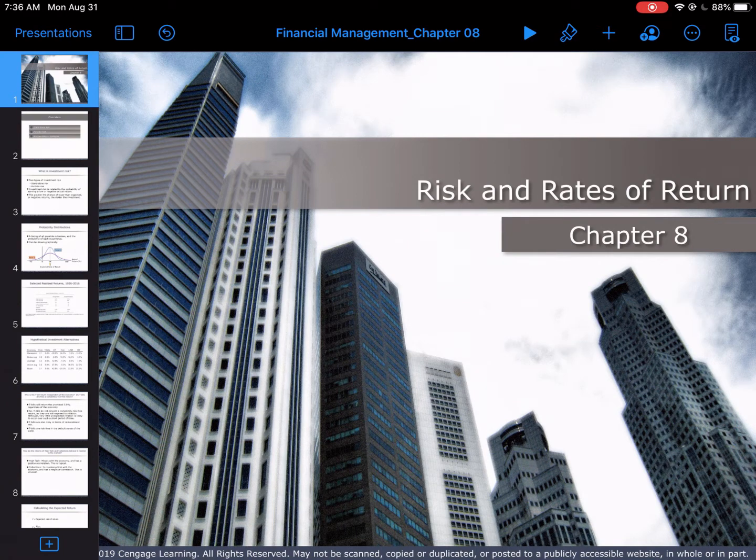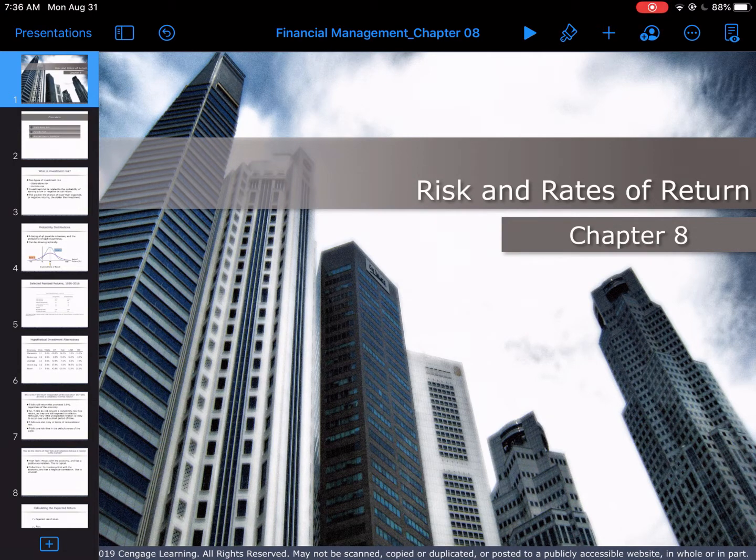Folks, for chapter 8, this is the main focus of finance. That is, finance accounts for the risk very concretely and directly, and says that for this amount of risk, what will you require as rate of return?